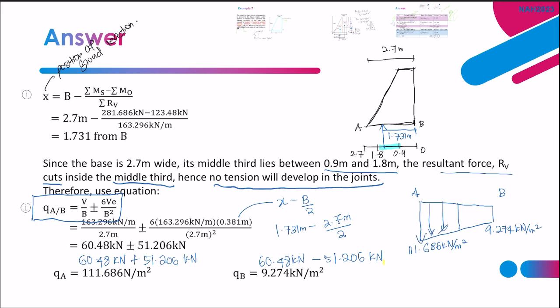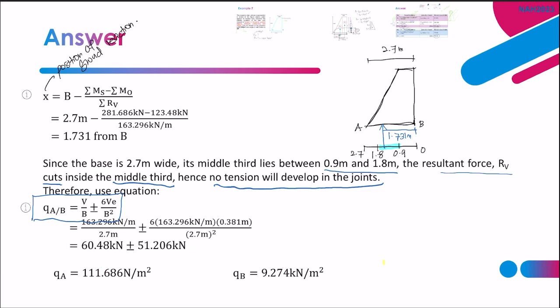That is the value for ground bearing pressure, and this is how the distribution looks. This question does not ask you to check, meaning it does not give a safe or allowable ground bearing pressure. Therefore, we just leave the answer like this.